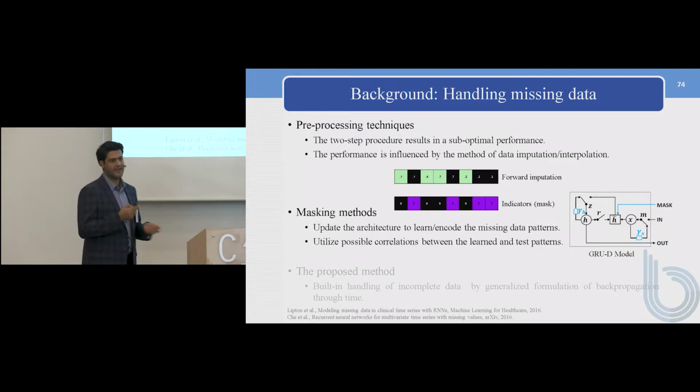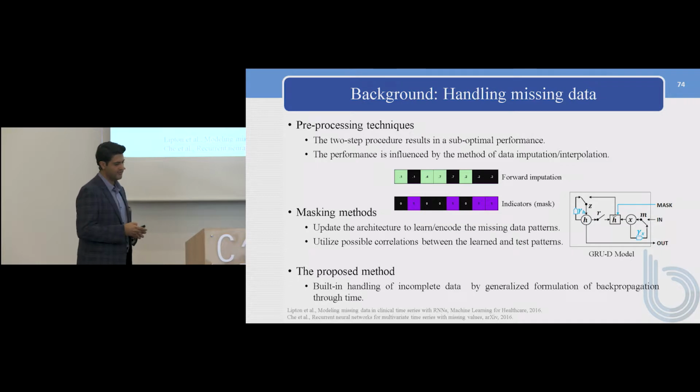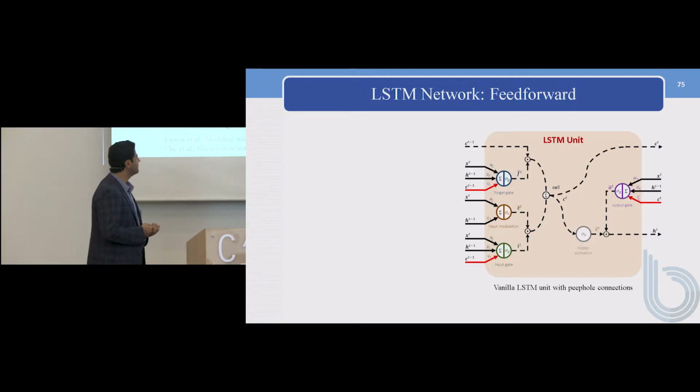Of course, there are also padding methods. For example, if there is missing data at the beginning or at the end of the time points, we can throw them out. But we propose a built-in handling of incomplete data based on a generalized formulation of backpropagation through time.